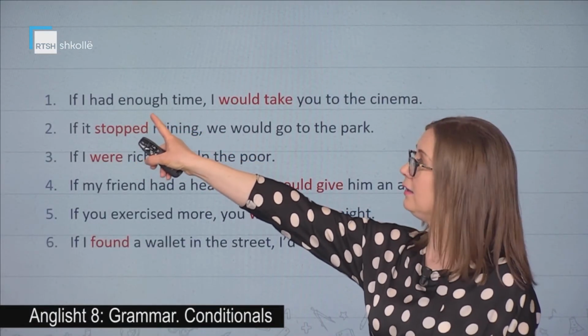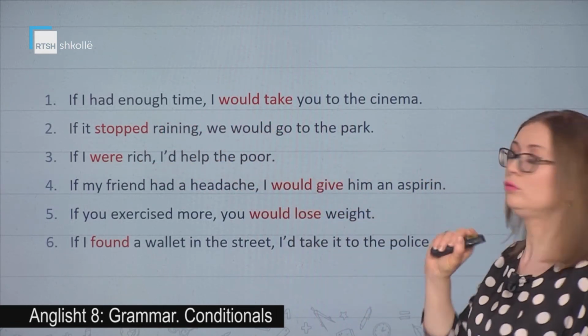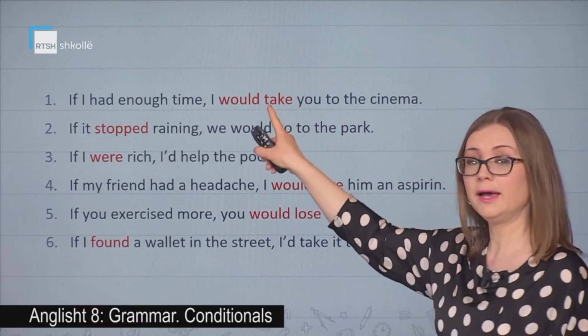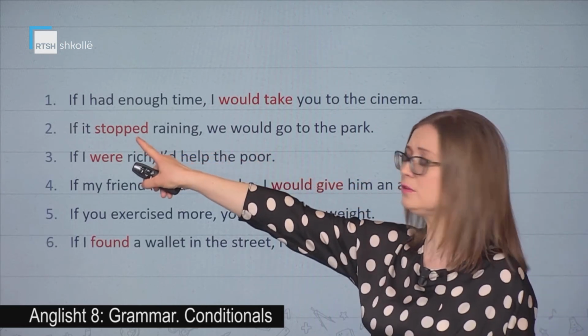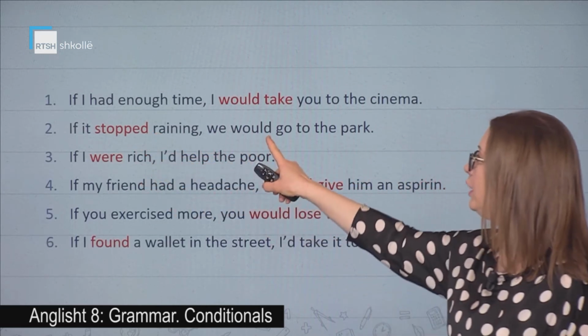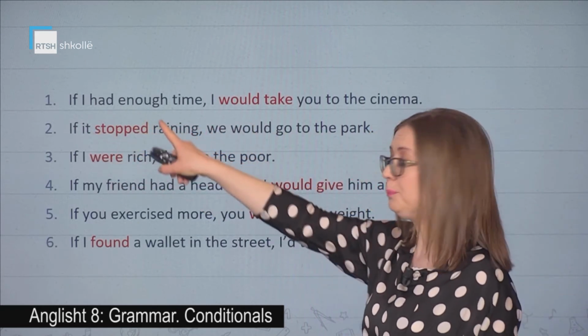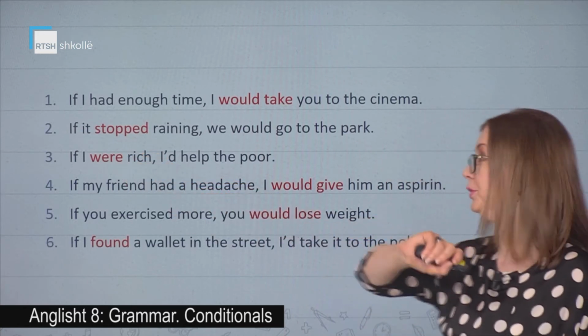If I had enough time, I would take you to the cinema. Be careful. So we have the verb take at the main part of the clause. If it stopped raining, we would go to the park. So we have the if part of the clause and we have the past simple of the verb here.